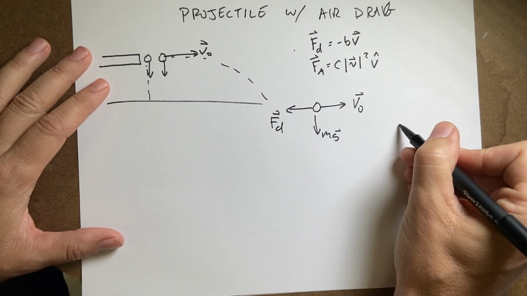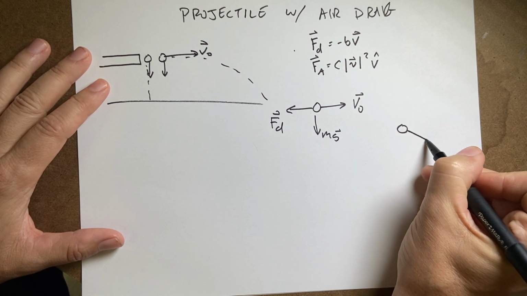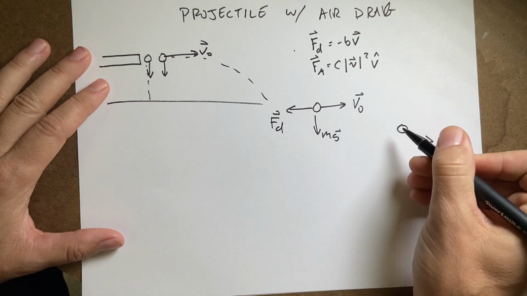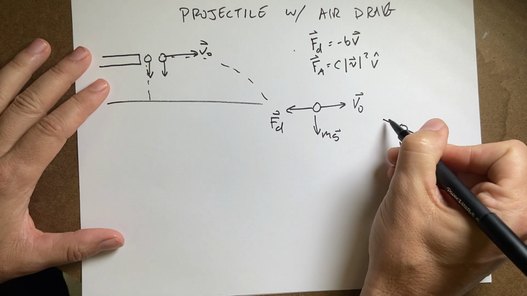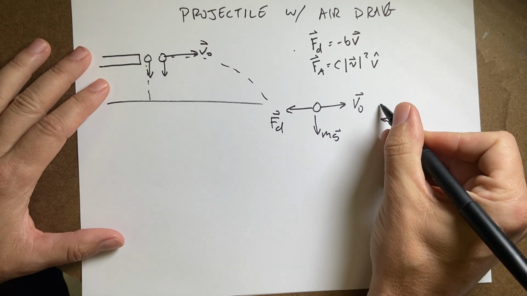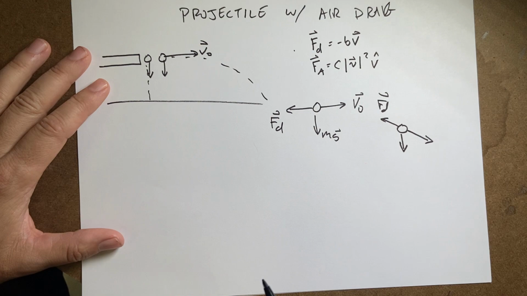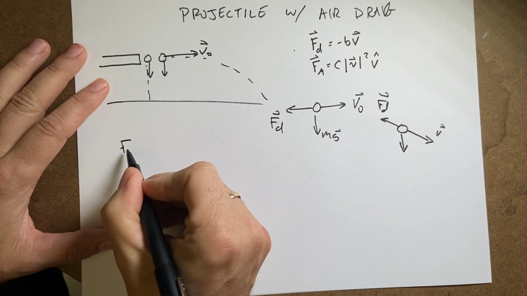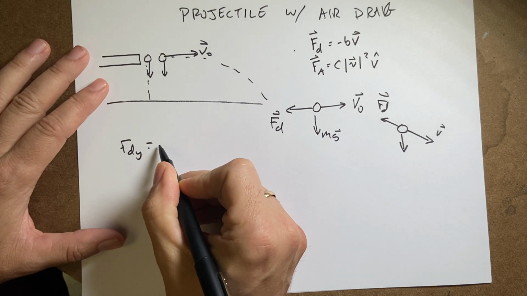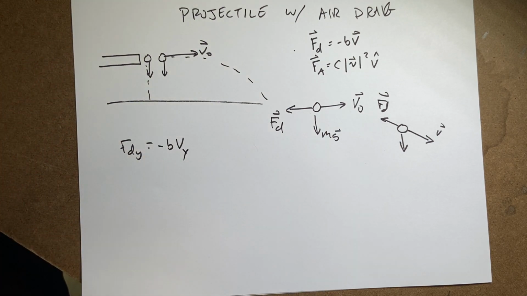So let's say I have a ball that's shot at an angle, going this way, so it has that force, and then it has this upward F drag, back along the velocity V. So F_dy equals negative b v_y. I showed that before in the previous video.